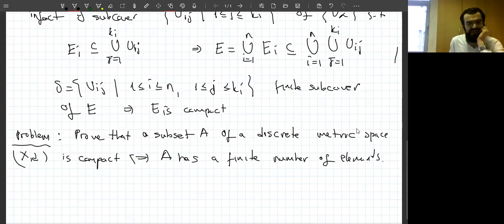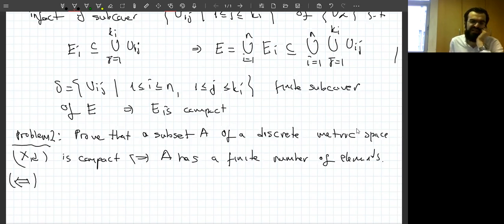So the solution of this problem, Problem 2, has two implications: the right-hand side implies the left-hand side, and the left-hand side implies the right-hand side. We need to show them.